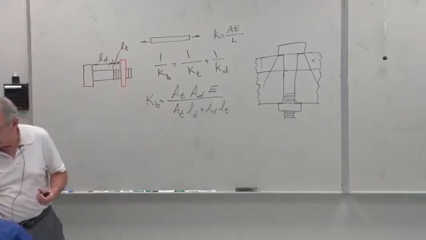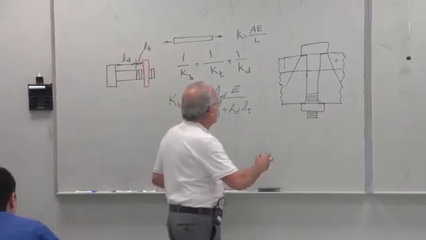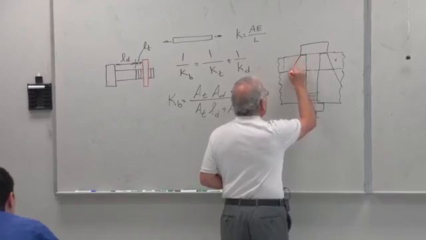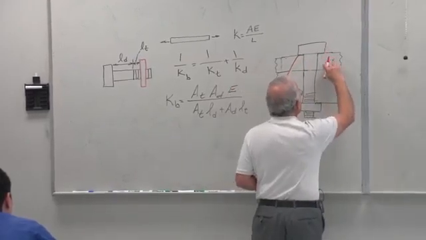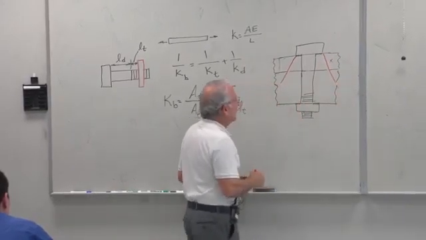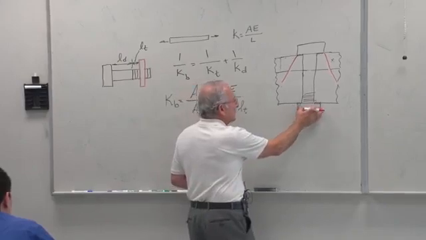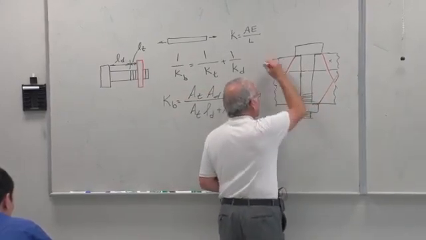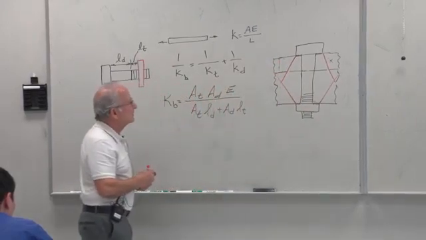Actually, let me put that in a different color. Not a part of the joint, but the way the load travels through. Exactly the same thing happens down in here. So we get that.